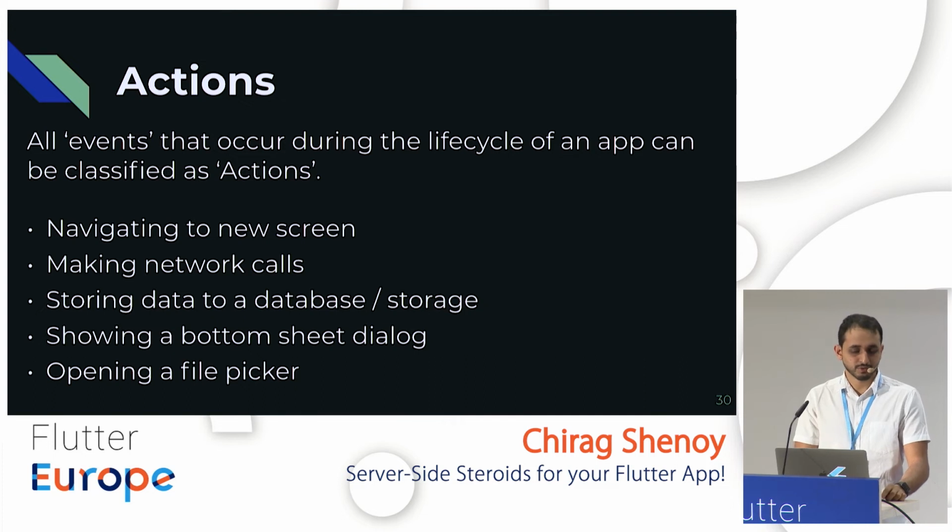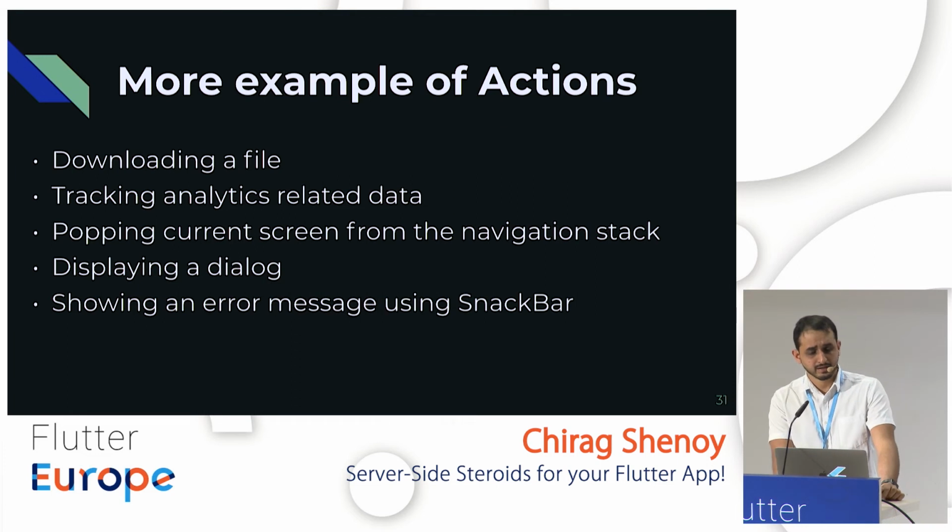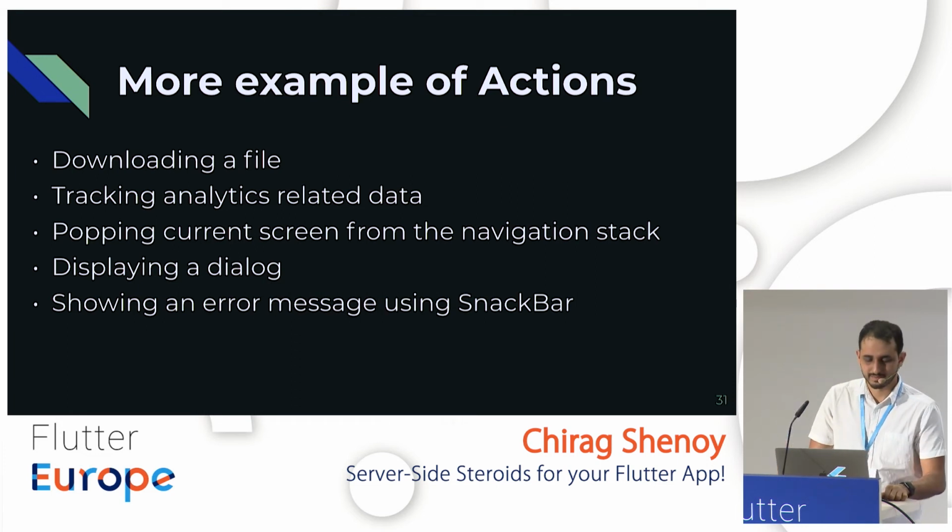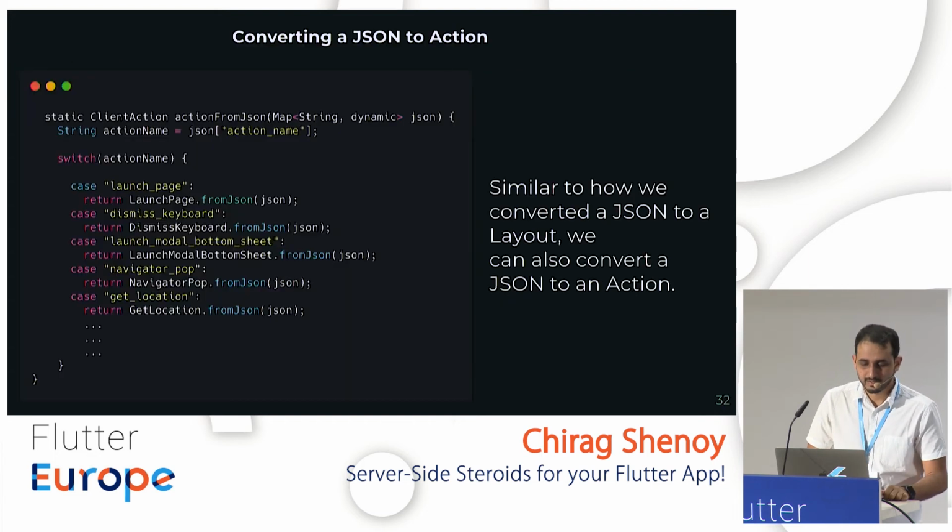Think of it: if you want to make a network call and you have some sort of URL, even that can be controlled from the backend. Since it's only going to be a JSON at the end of the day, we can dynamically change which endpoint you're going to be hitting also. More examples of actions would be downloading files, analytics, displaying dialogues, and so on.